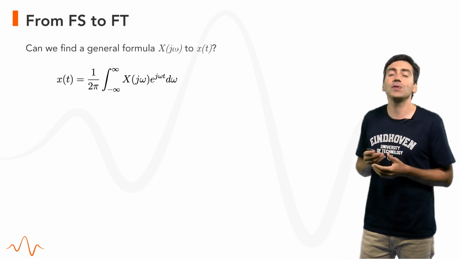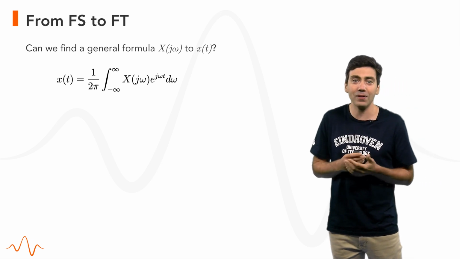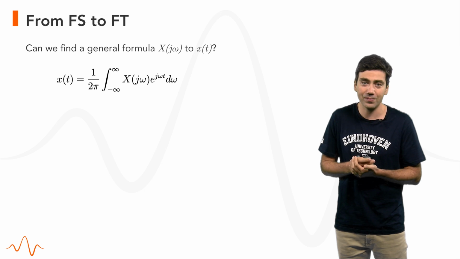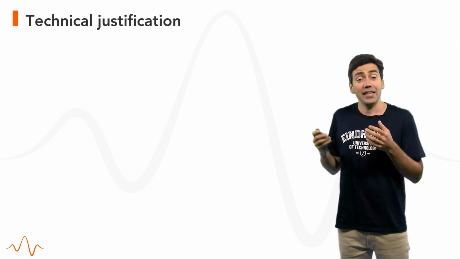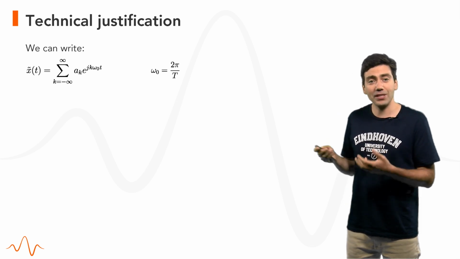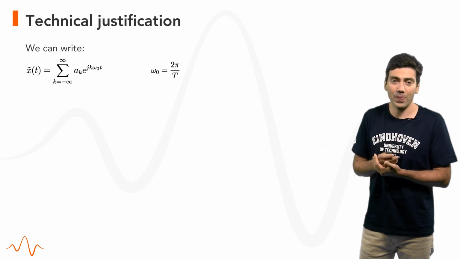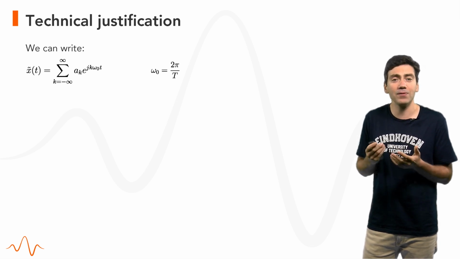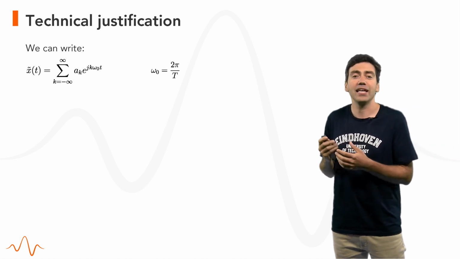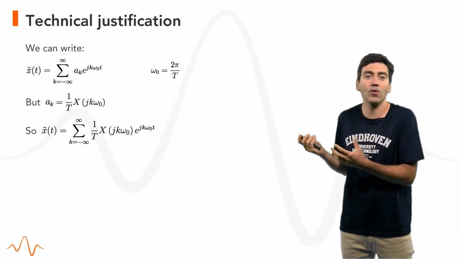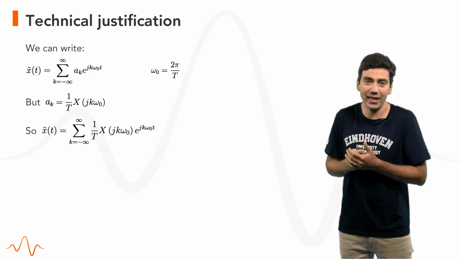It's 1 over 2 pi, the integral from minus infinity to infinity of X of j omega e to the power of j omega t d omega. Here's the technical justification. We can write the expression that we had for the periodic replication x tilde as the summation from k equals minus infinity to plus infinity of a k e to the power of j k omega naught t, but the a k's are nothing more than 1 over capital T of X of j k omega naught.